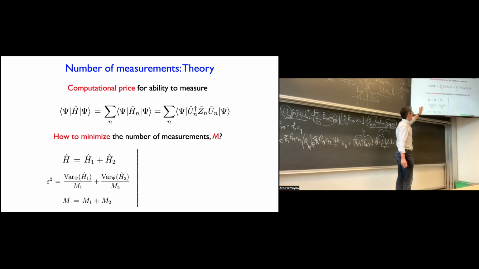It turns out that if you do that separately, with independent measurements, then the total error on the expectation value of this H with the total budget of measurements will be given by this expression. So where does this expression come from?